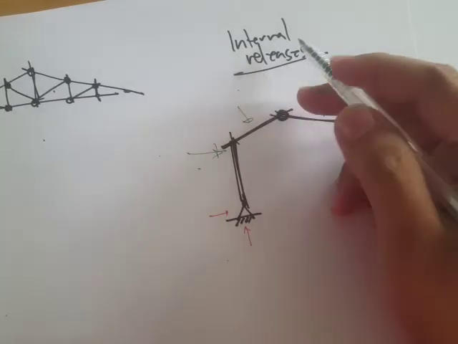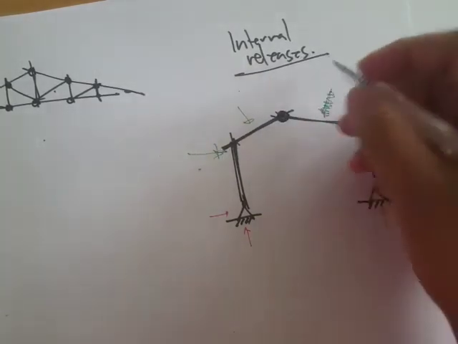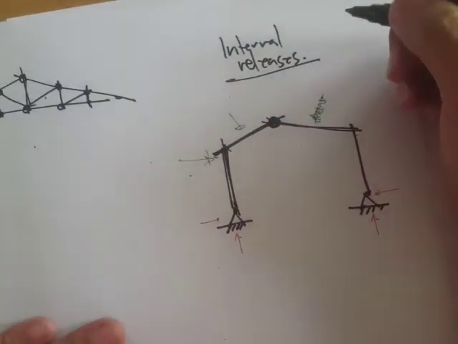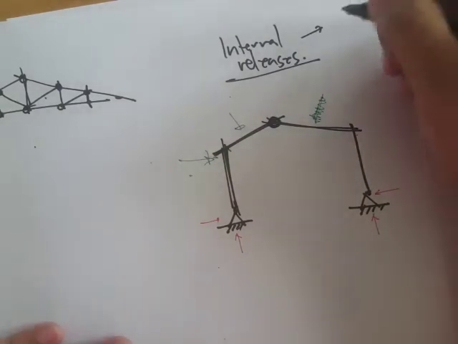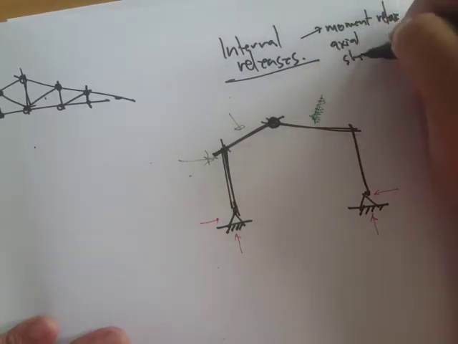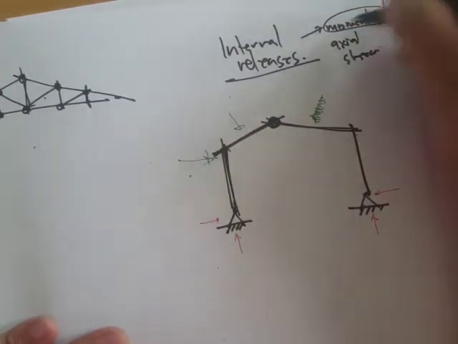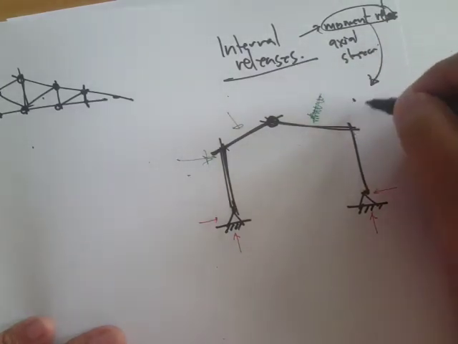So that's why it's called internal releases. So meaning at this point, if our internal release is a pin, then there is no moment. Okay, so moment release. Of course, if there's a release, it could also be axial or shear. But the most common ones for structures are the moment release, or referred to as internal hinge.